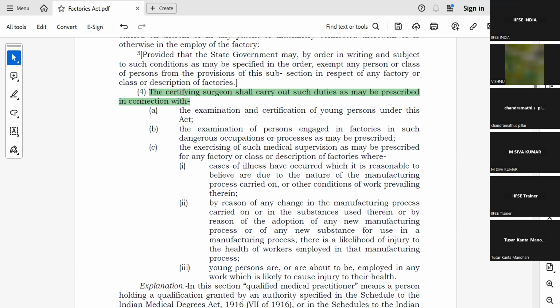Then in case of illness, when cases of illness have occurred which there is reason to believe are due to the nature of the manufacturing process carried on or other conditions of work prevailing therein. So that's why we go through the medical examination during the appointment of any factory.